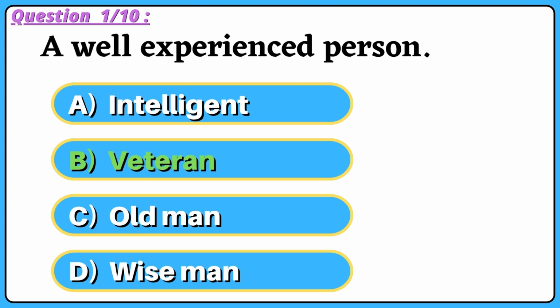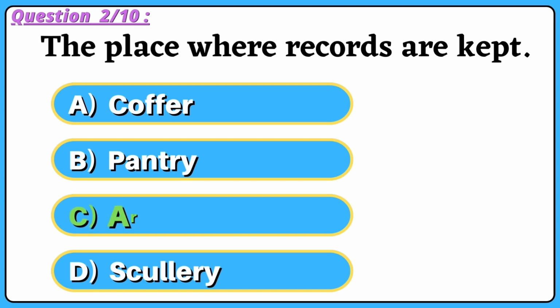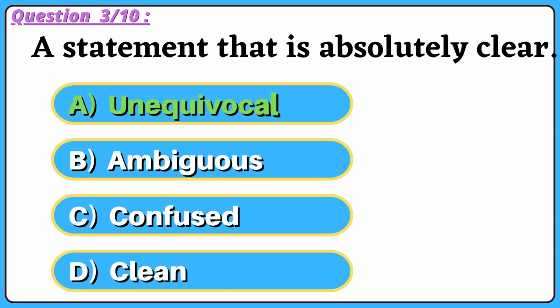Correct option is B. Veteran. Correct option is C. Archives. Correct option is A. Unequivocal.